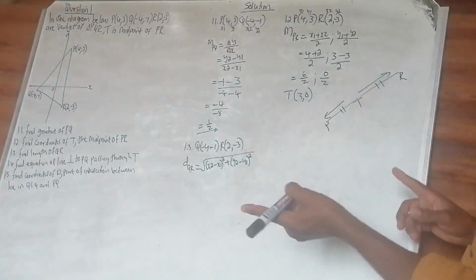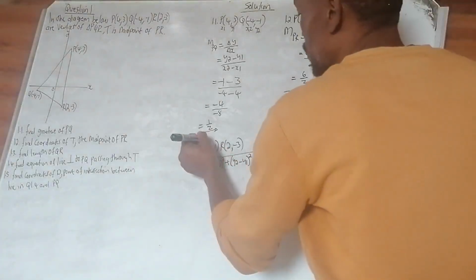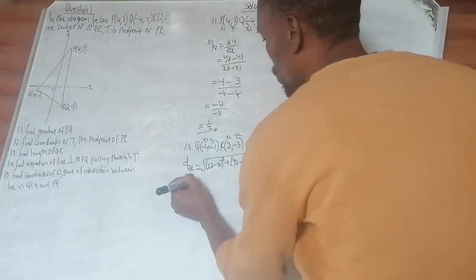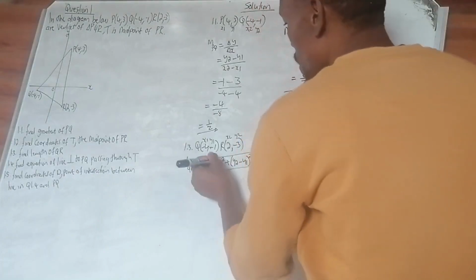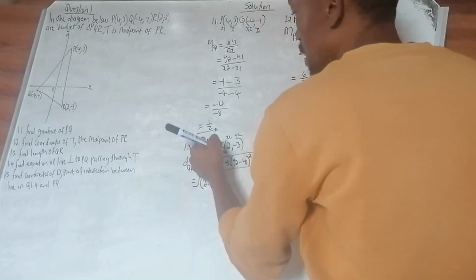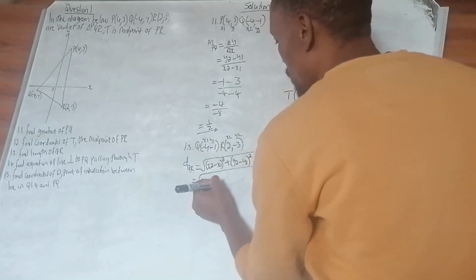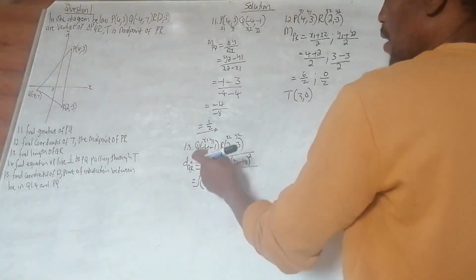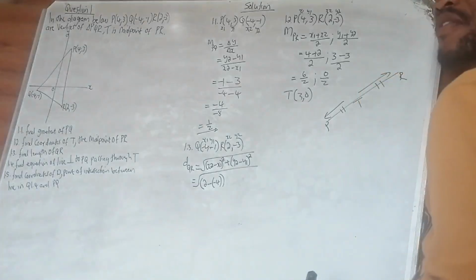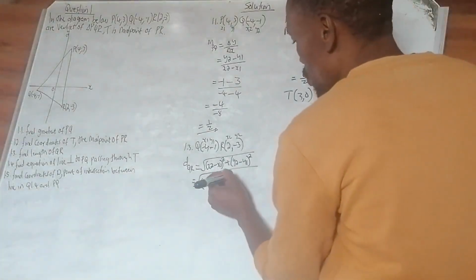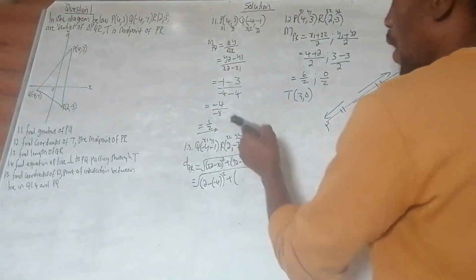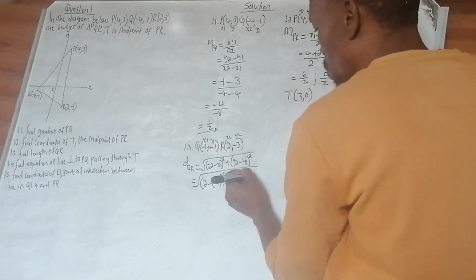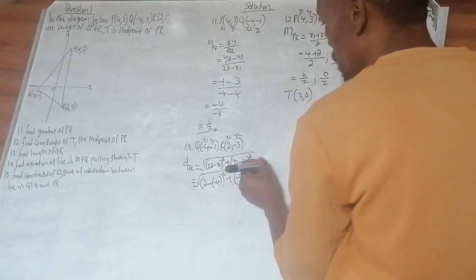Let us label x1, y1, x2, y2. x2 is 2 minus your x1 which is negative 4. Please be careful. Another minus, because your x1 is negative. And then you square that. Your y2 is minus 3 minus your y1 which is also negative 1.